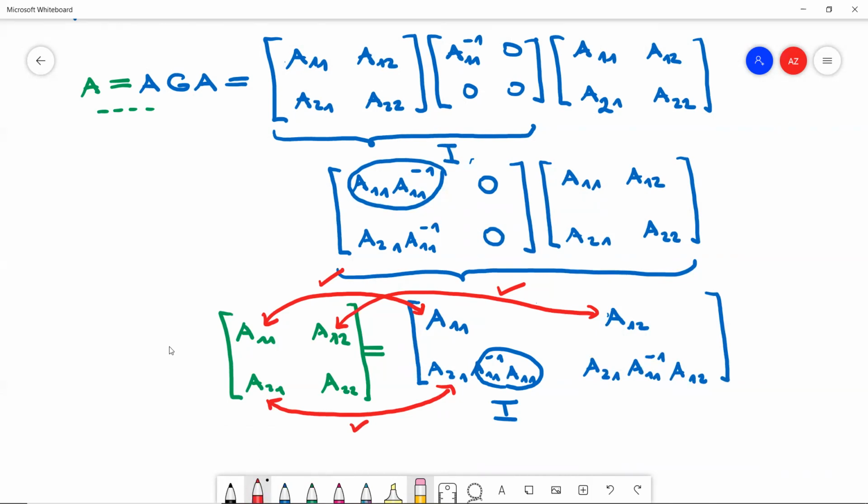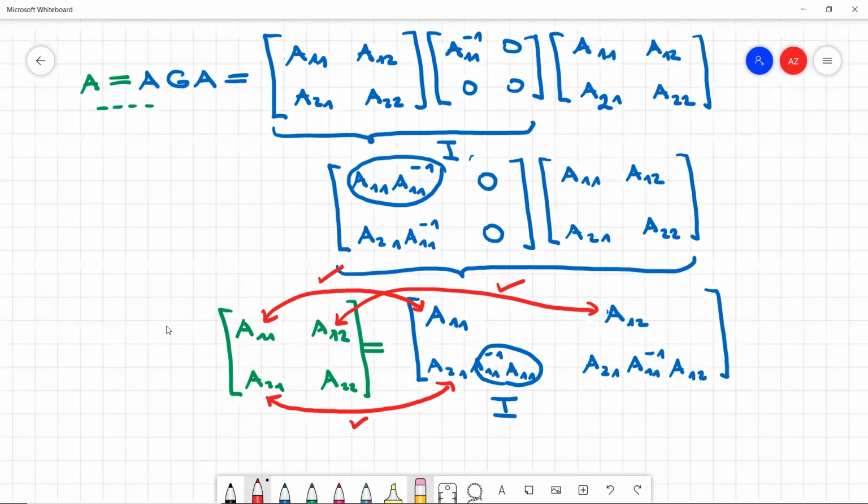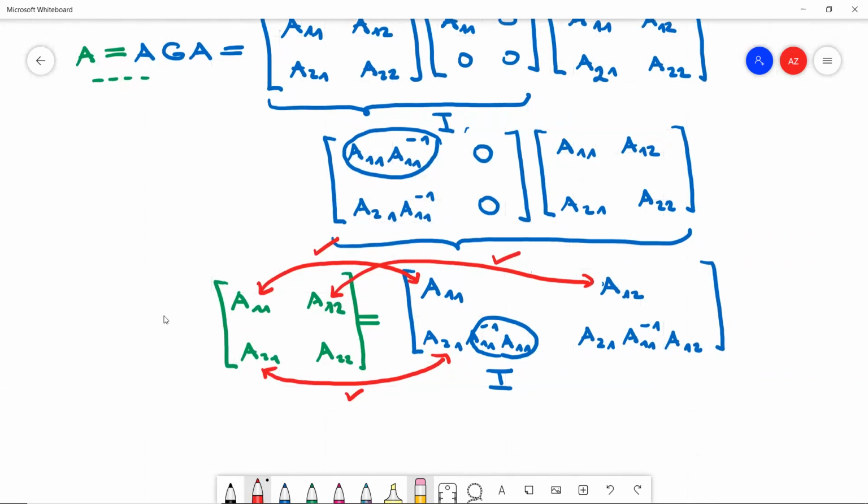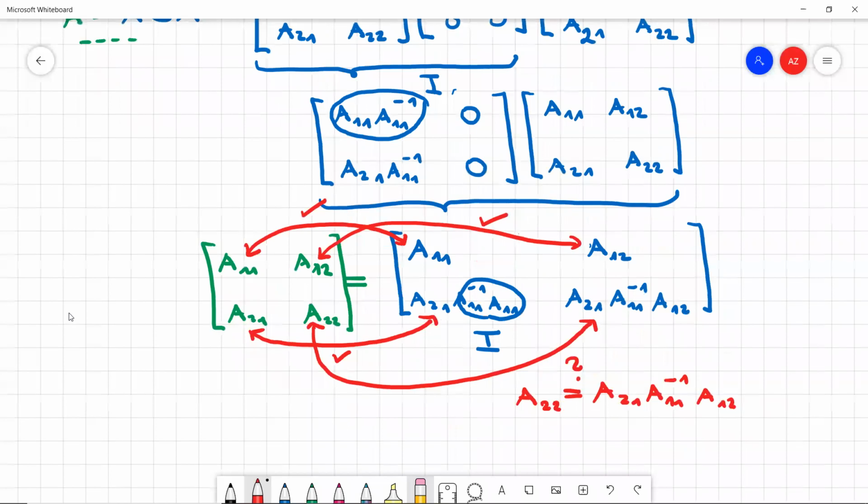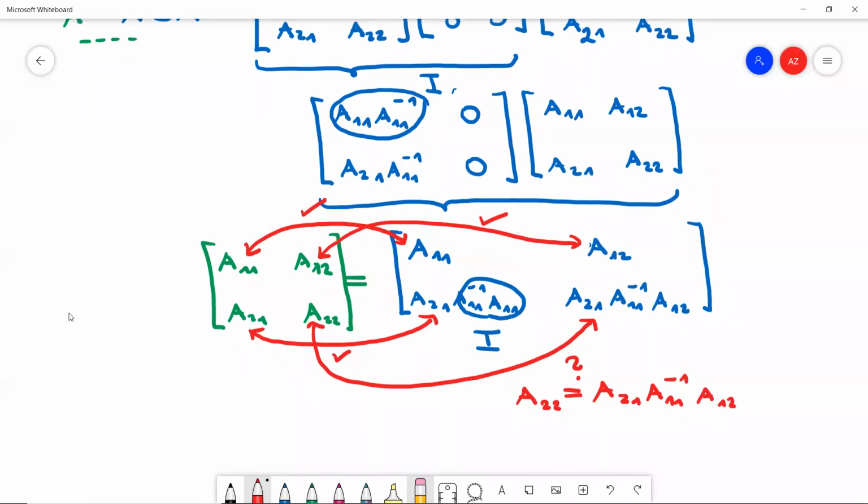And now we come to the non-trivial part. The second row and second column of the computation, compared to the second row and second column of A, don't look to be exactly the same at first sight. So we have A22 equal to A21 A11 inverse A12. We have to check that this equation is also true.